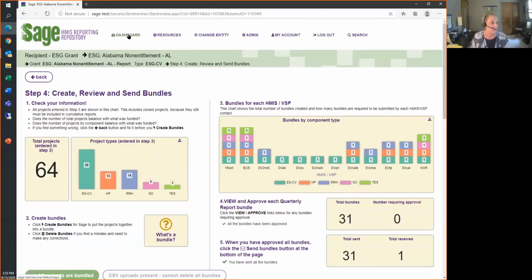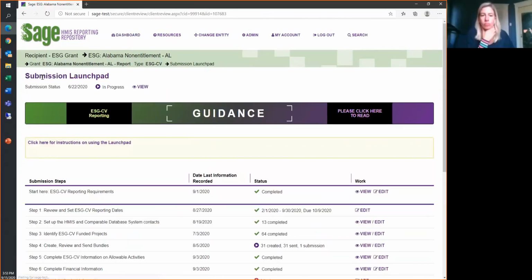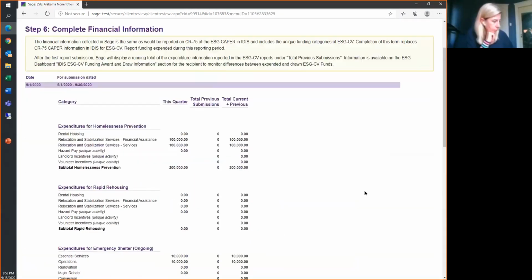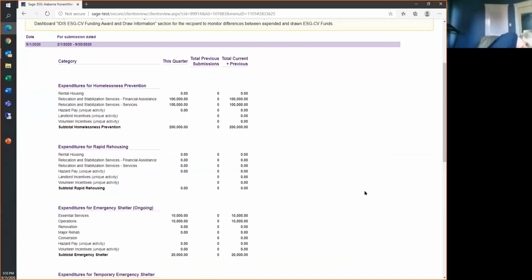And the other question was, yes, the financial form. And can you explain the rental housing? Rental housing, go ahead, William. That's just the normal eligible costs of this form.